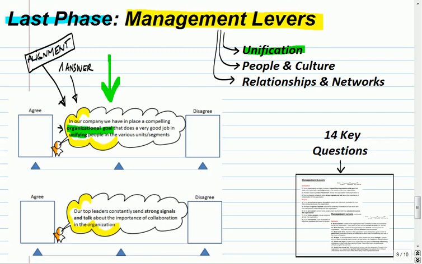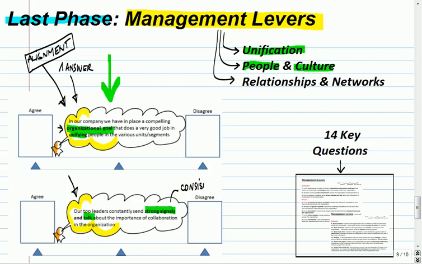The second domain in which to operate is the one of people, their competences, and the culture of the organization. For instance, again, do our top leaders in the organization regularly send strong signals and talk about the importance of collaboration, or this is a subject that they do not mention? And are they then consistent?